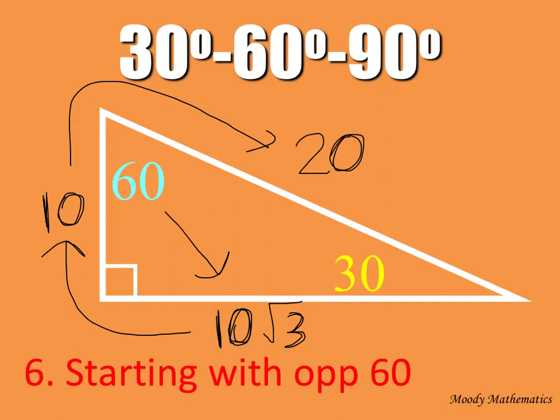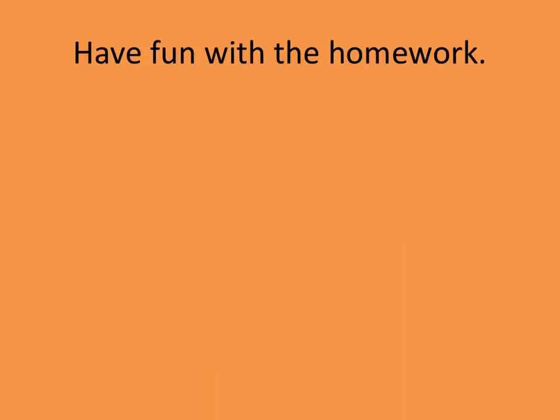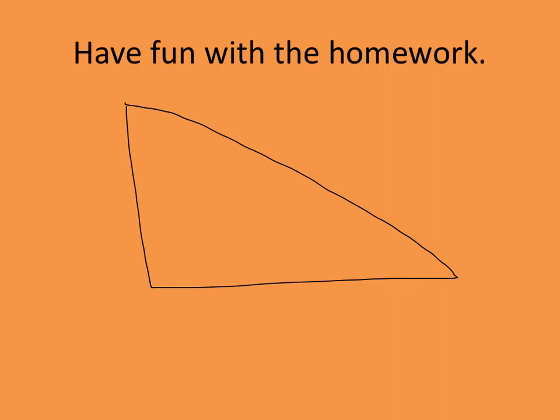Now, once again, remember, when we have a triangle, sometimes the angles are in a different place. So if this is my 30, 60, 90 triangle, my 30-degree angle could be up here, and my 60-degree angle could be up here.